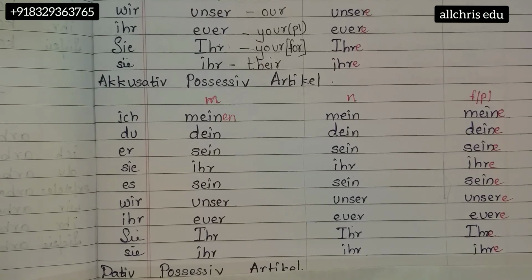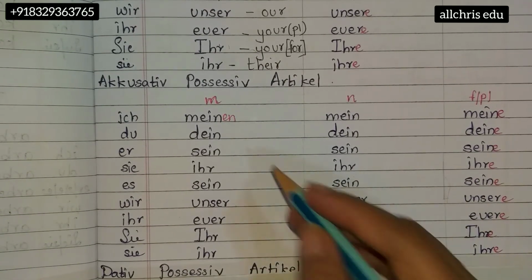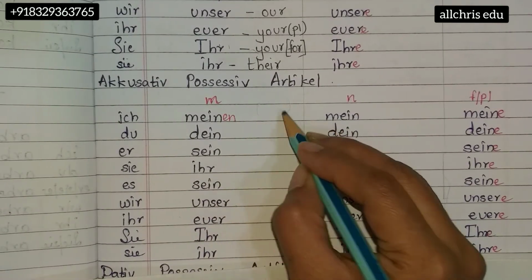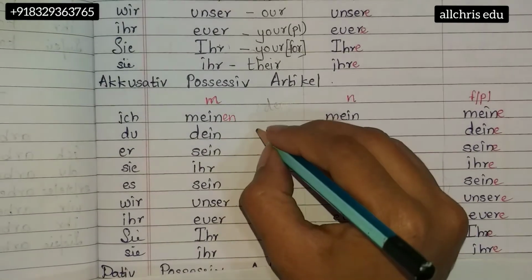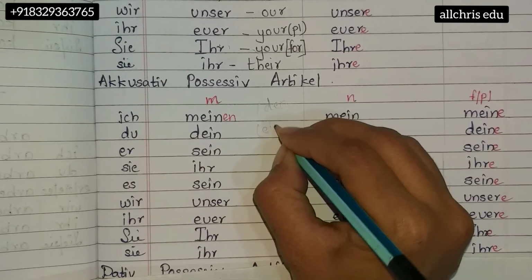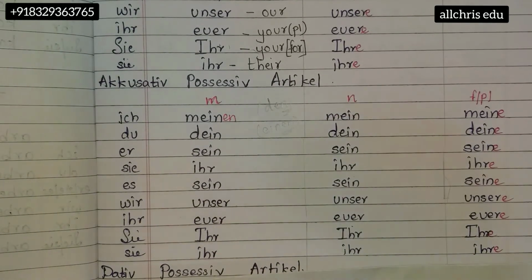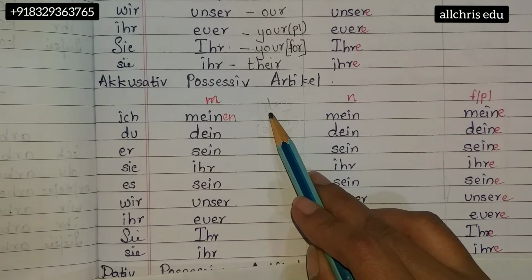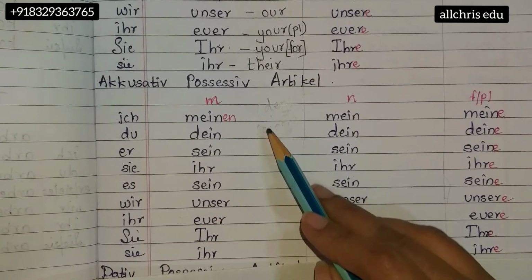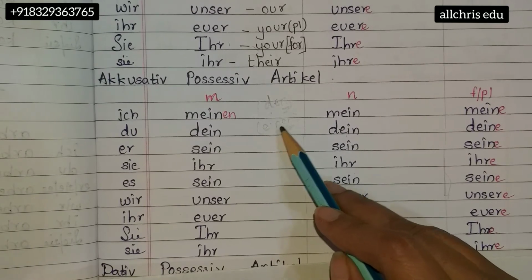Like if I want to give you one example, yeah, I can tell you, normally bestimmt article, if you see bestimmt article, it is den. Yeah. If you see unbestimmt article, it is einen. So see here also in accusative column, you all are writing the rule chart from so many days. Now you should be able to identify this, that in accusative column the male article is den, and in the unbestimmt accusative column the male article is einen.